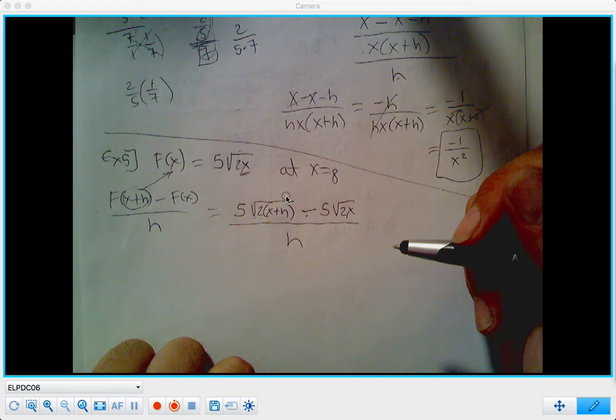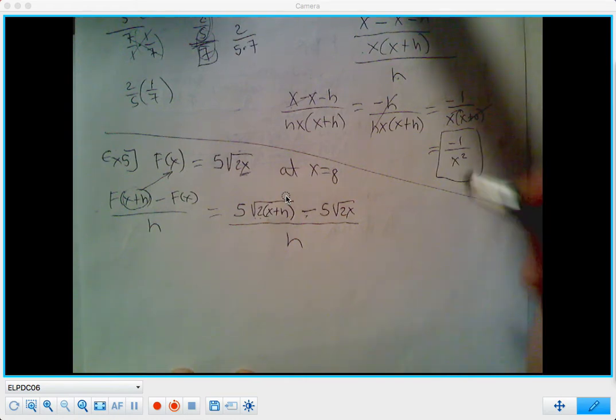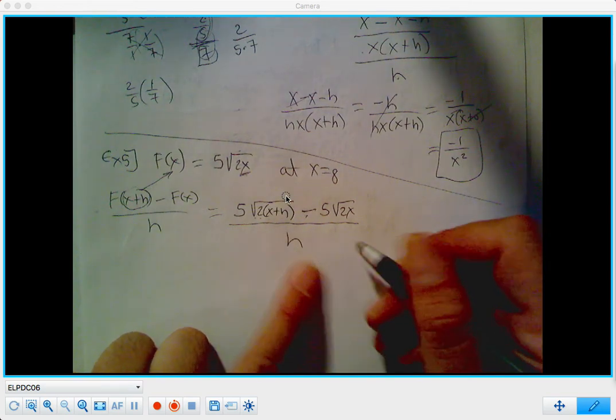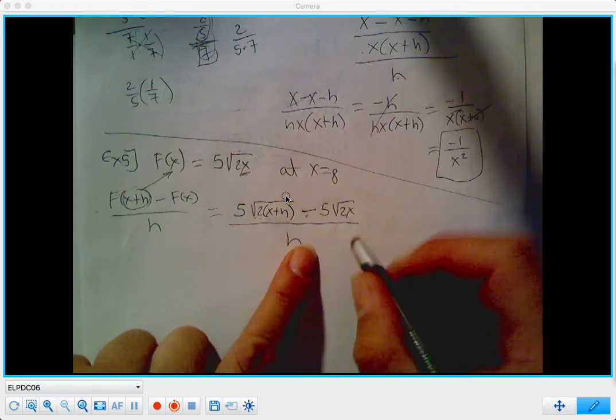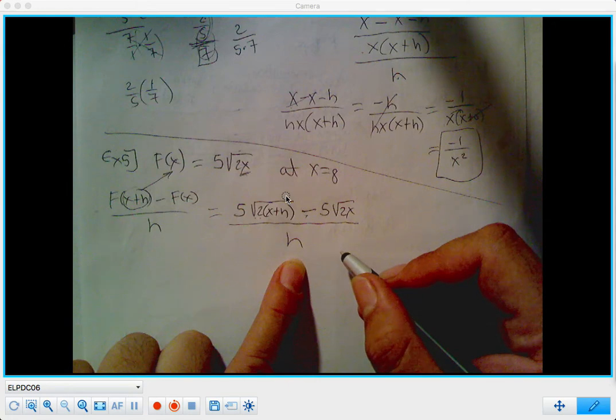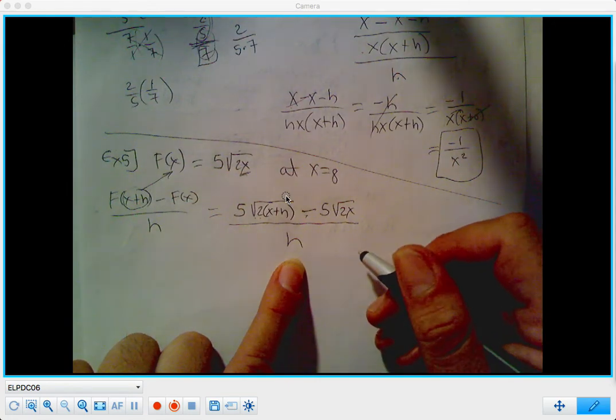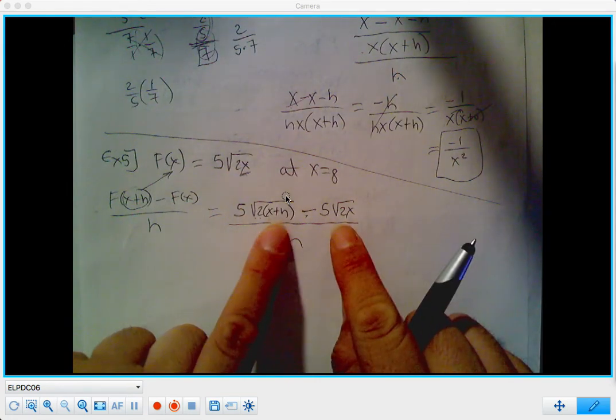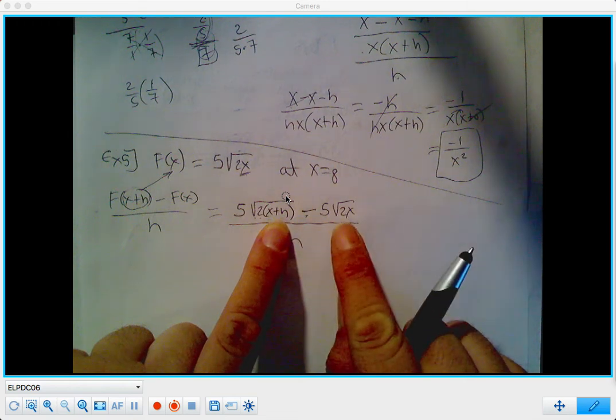Interesting. What about if we square everything? Can I square everything? Let's try it. Oh, I know what to do. You see, this is something minus something.